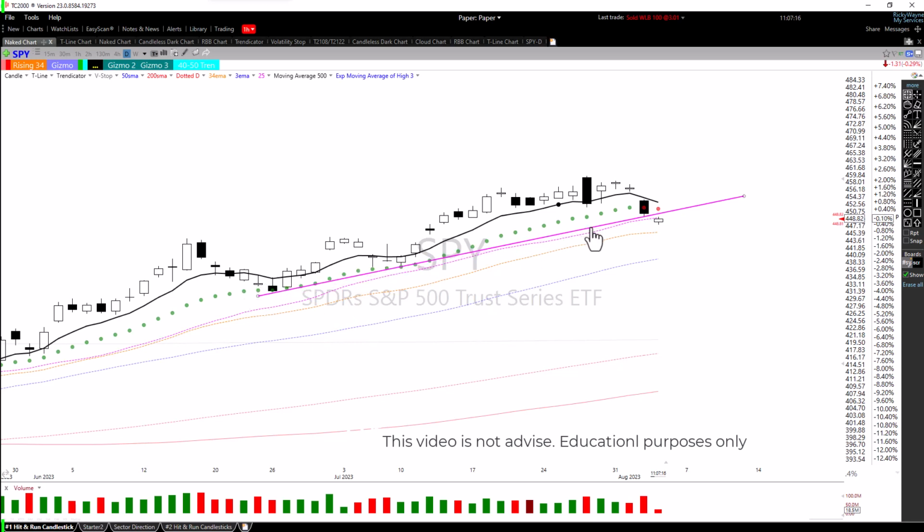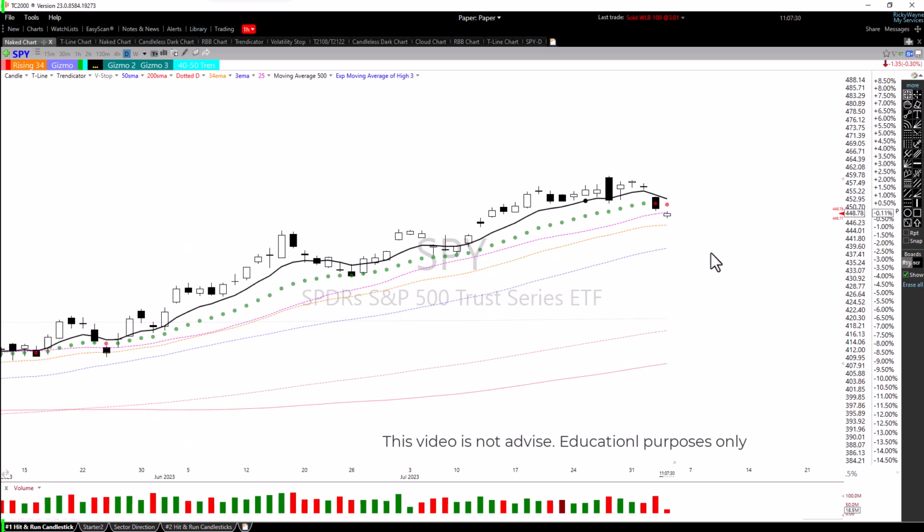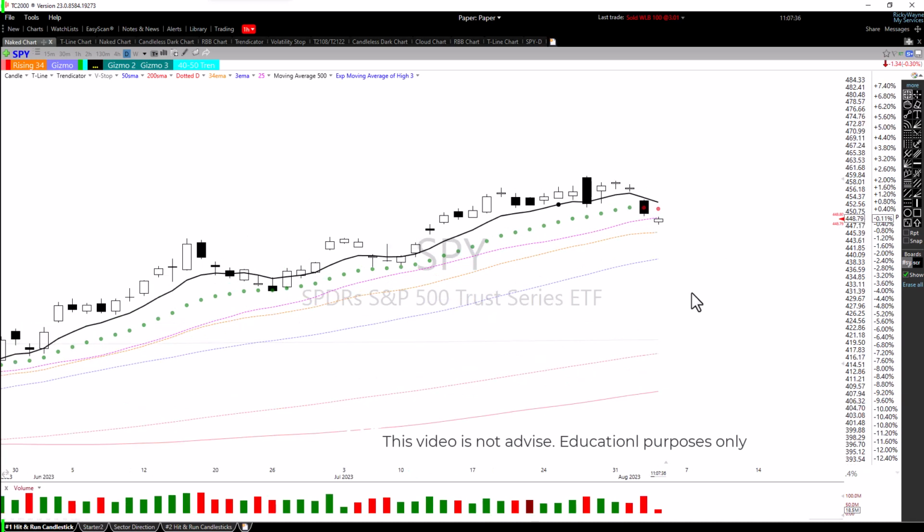I'm not poo-pooing them at all. I think they're great. You can use them in combination, and sometimes I do draw trend lines. You guys have seen that. But by and large, my trend is all about the moving averages. And isn't a moving average a trend line? That's all it is. It just moves, is what it does.